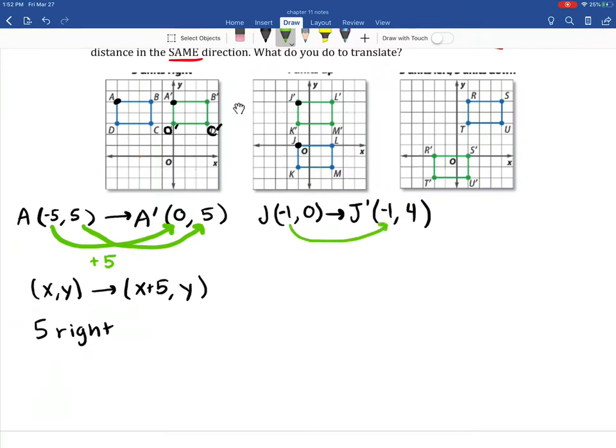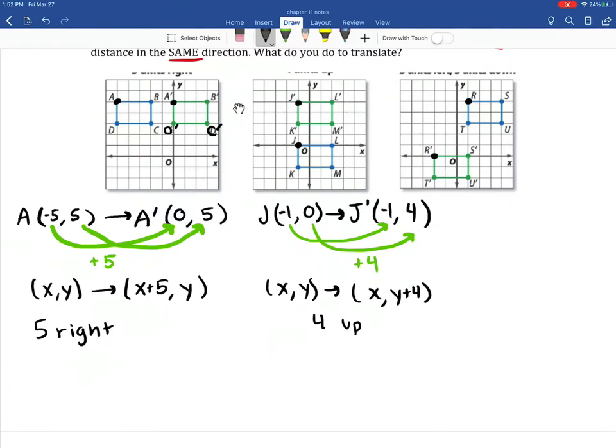Negative 1 to negative 1, there's no change. 0 to 4, I add 4. So let's write it as a rule. I take any point, x, y. My x stays the same, but the y, I'm adding 4. So if I wanted to write this out, I could say we move the figure 4 up.